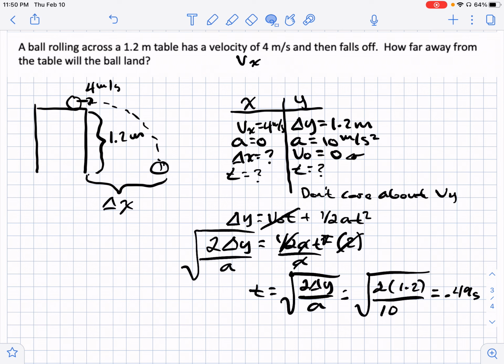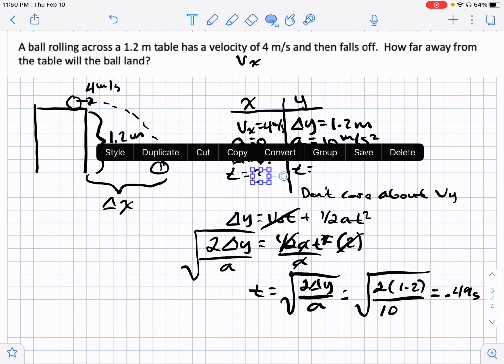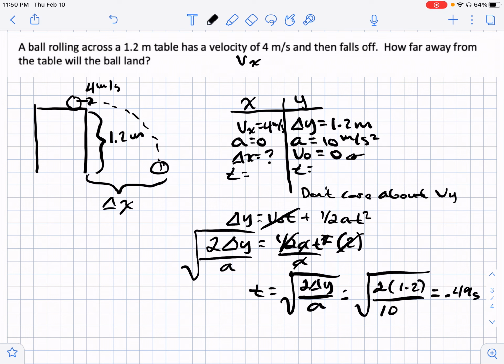So that 0.49 seconds, we'll go ahead and fill that in our table. And when we do that, it's going to go on both the x and y side. 0.49 seconds, 0.49 seconds. Okay, remember time is kind of our bridge there. So there's kind of step one in solving the problem.